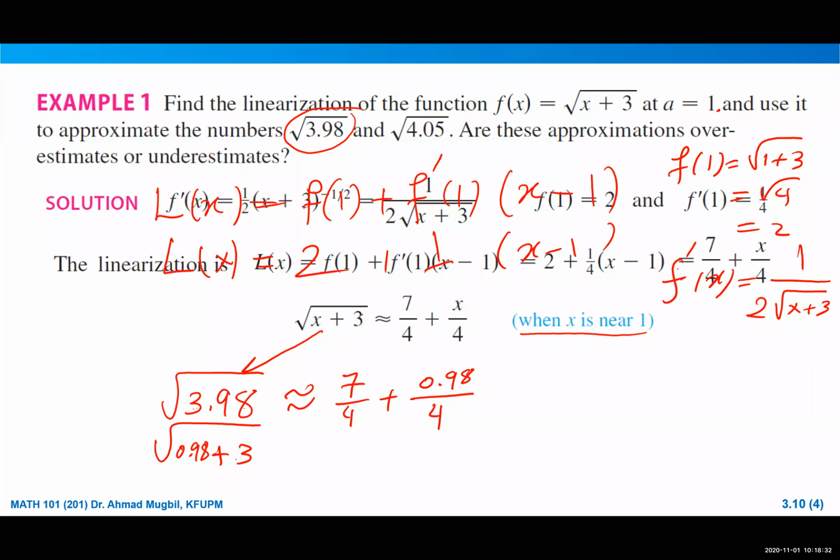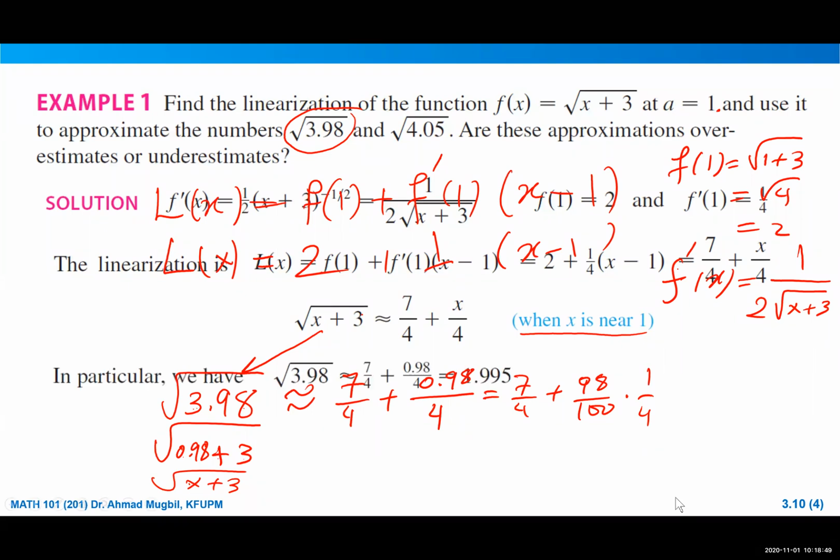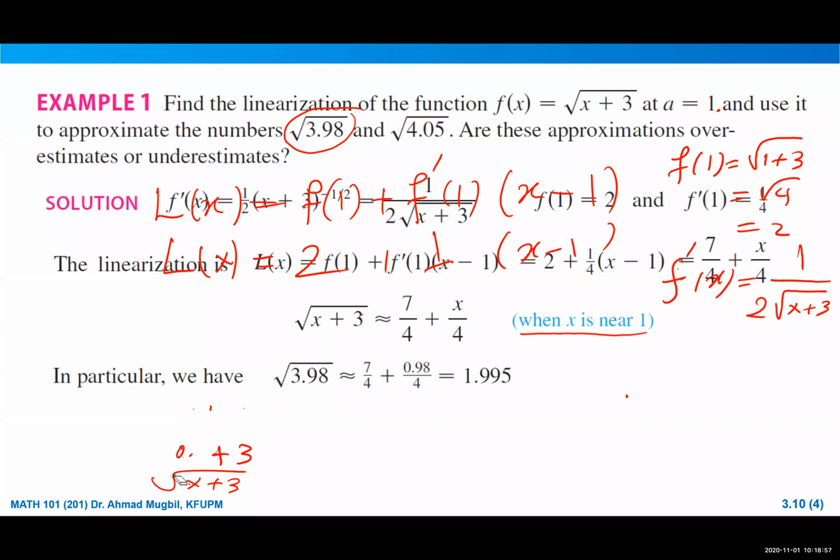So 3.98 is 3 plus 0.98, so x is 0.98. Now you can do this by hand, no need to use a calculator. This will be 98 over 100 times 1 over 4. You can simplify and evaluate it at the end. Here it is, without a calculator: 1.995. This is the value of the radical.